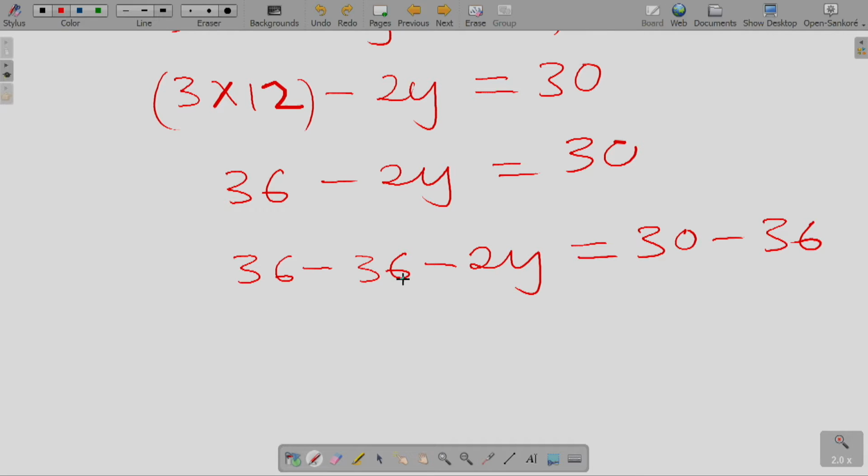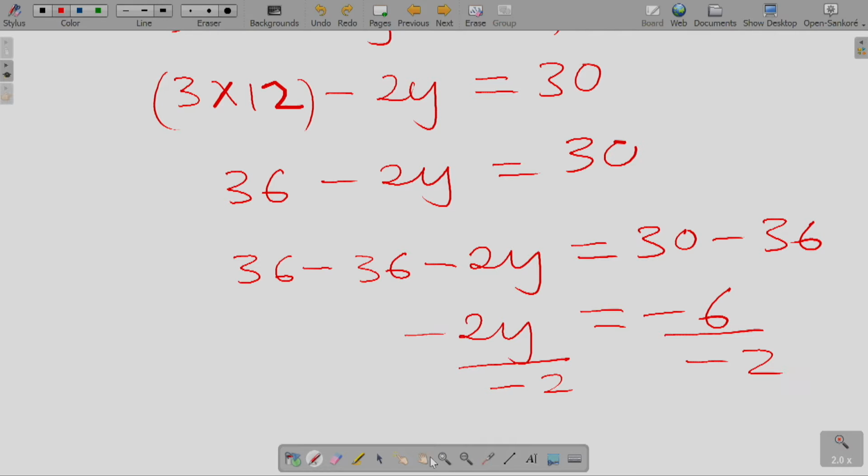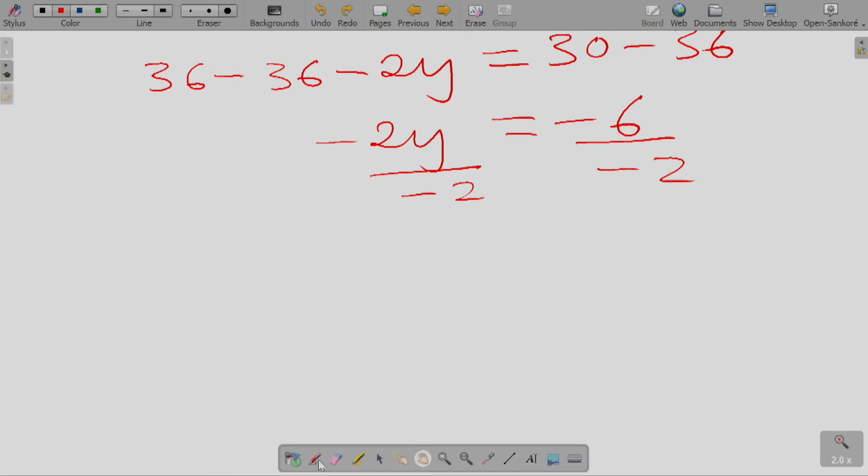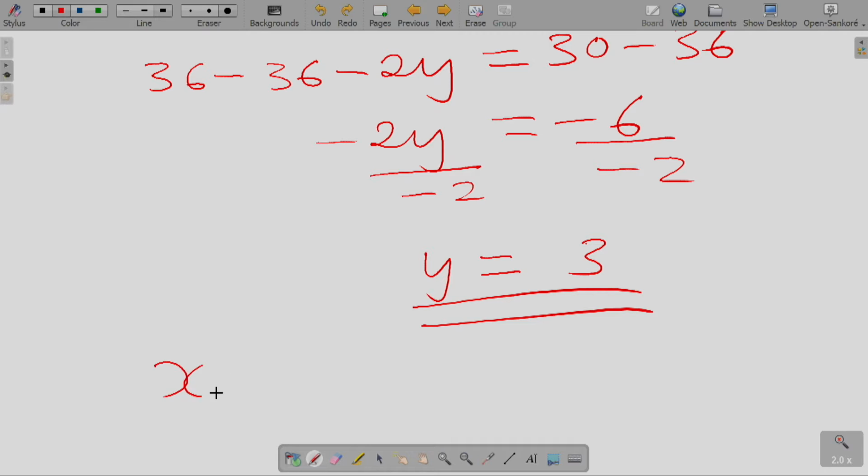So 36 minus 36 is 0, so it will remain only minus 2y equal to negative 6. So we need to find y, so let's divide both sides by negative 2. So we'll get y equal to 3. So the answer is x equal to 12 and y equal to 3.